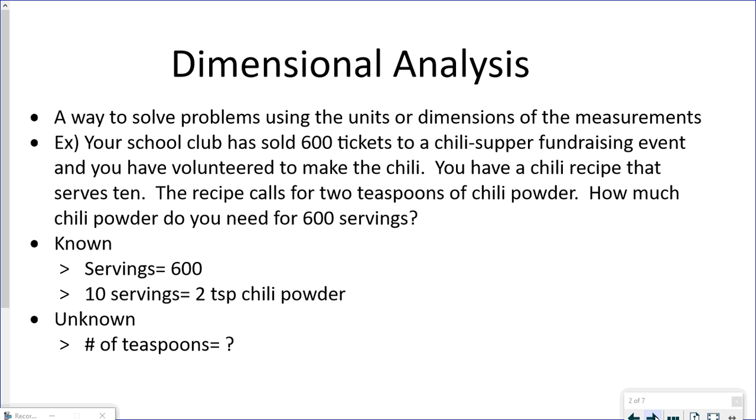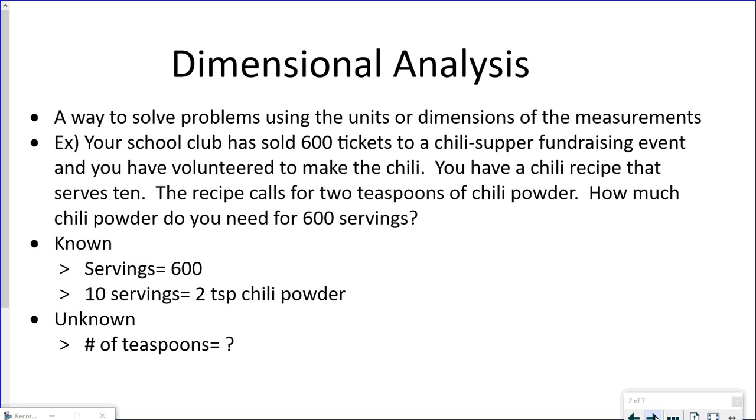So you first want to think of what things you know based off of what's given in the problem or just known conversion factors. And then you're actually going to solve for your unknown or what you're looking for. So you kind of want to look for the actual question at the end. There may be other information within the whole statement, but it really wants to know how much chili powder we need for 600 servings.